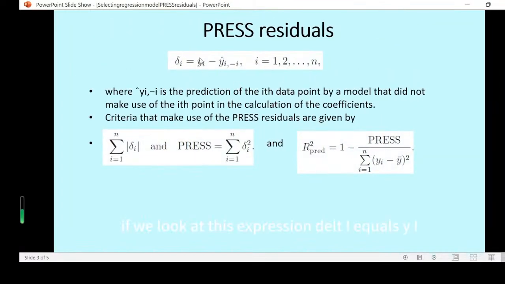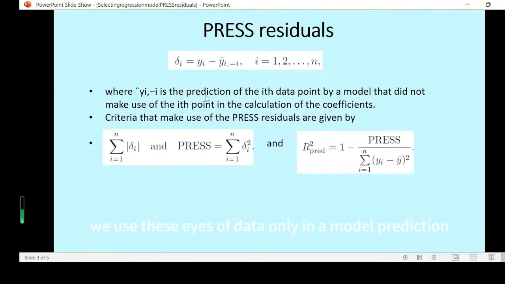If we look at this expression, delta i equals y i minus y hat i, comma minus i. Here i is 1 to n for n observations. Here y hat i, comma minus i means that in estimating the model, we do not use the i-th data point.